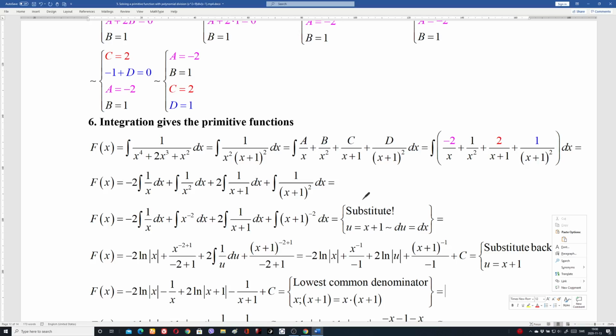And here we did a substitution, which means that we exchange this one here, x plus 1 is u. 1 divided by u, du, plus x plus 1 power minus 2 plus 1 divided by minus 2 plus 1.